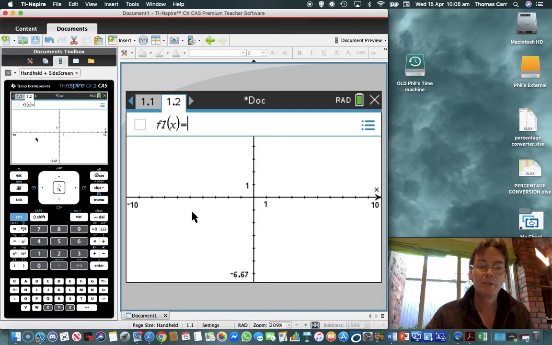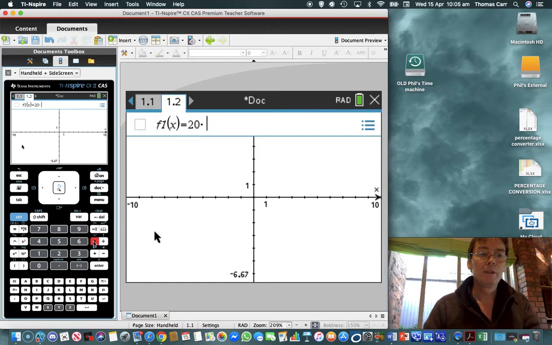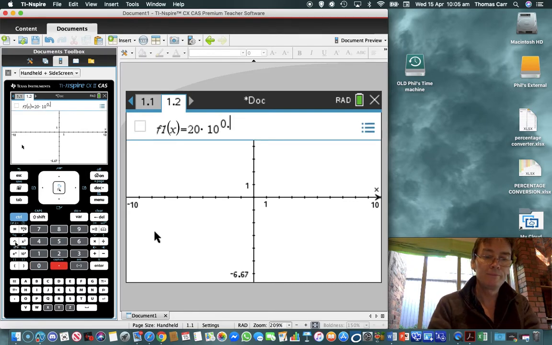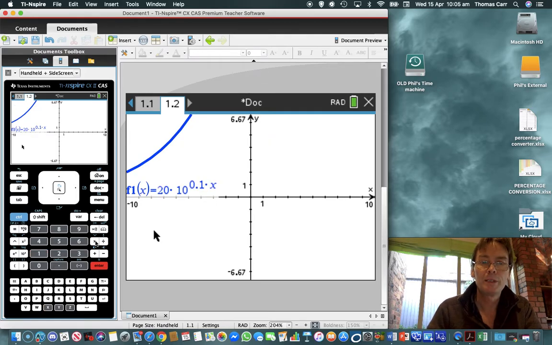Alright, on a graph page I could type in something like 20 times 10 to the power of 0.1. And I won't put t, I'll put x. And I need to put the times as well. When I press enter, I get a graph like this over here.